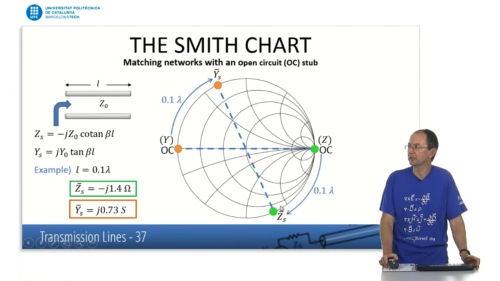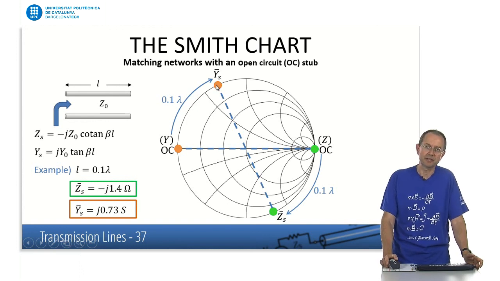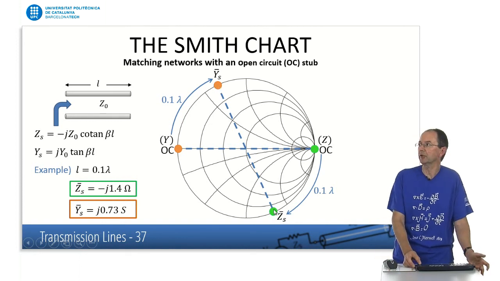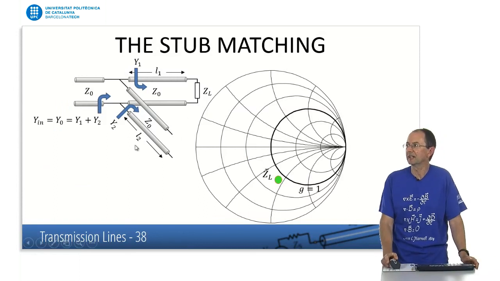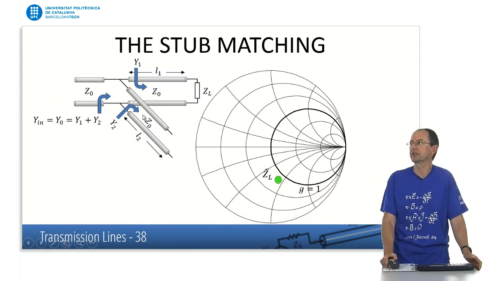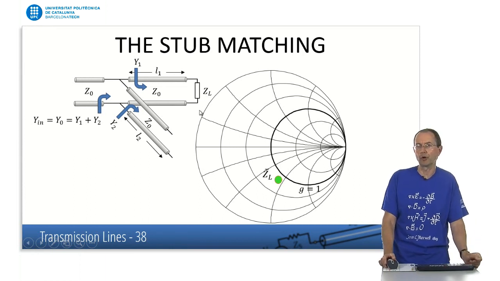And you see here they are both opposite, because impedance and admittance are opposite complex numbers, so of course they occupy opposite positions in the Smith chart. Okay, that's the solution. So we know what this parallel connected line here is doing when we connect it at a certain point of the main transmission line. Now, let's find the solution of the whole problem.